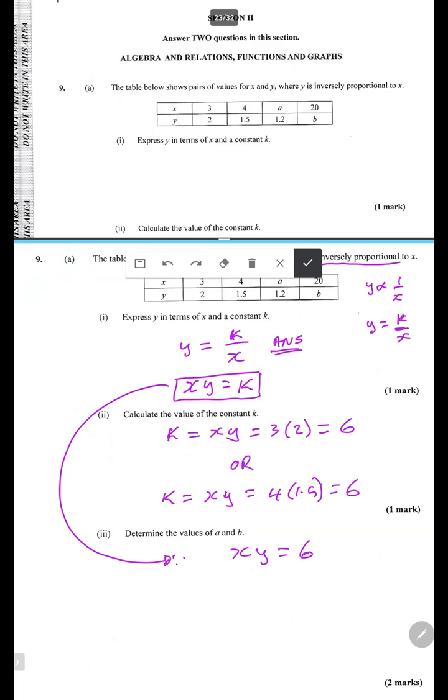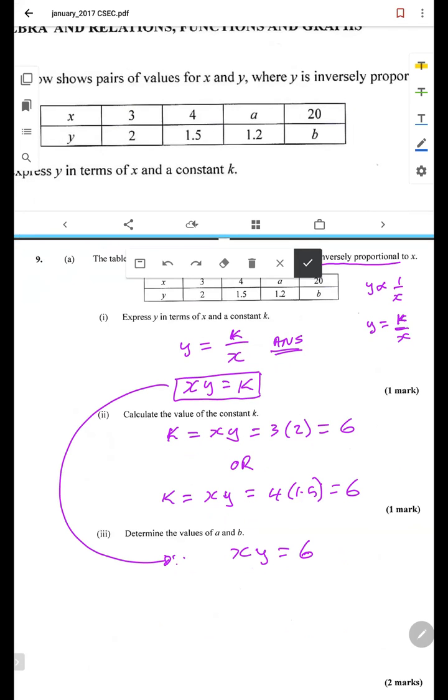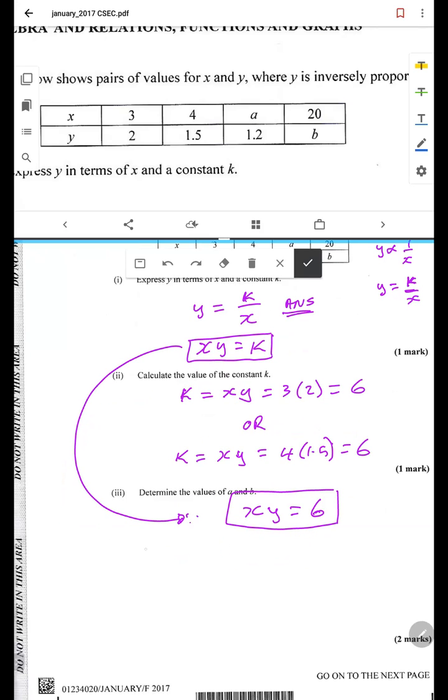So now we want to find the value of a and the value of b. I want to use this formula to find them. The first one is when x equals a, y equals 1.2.